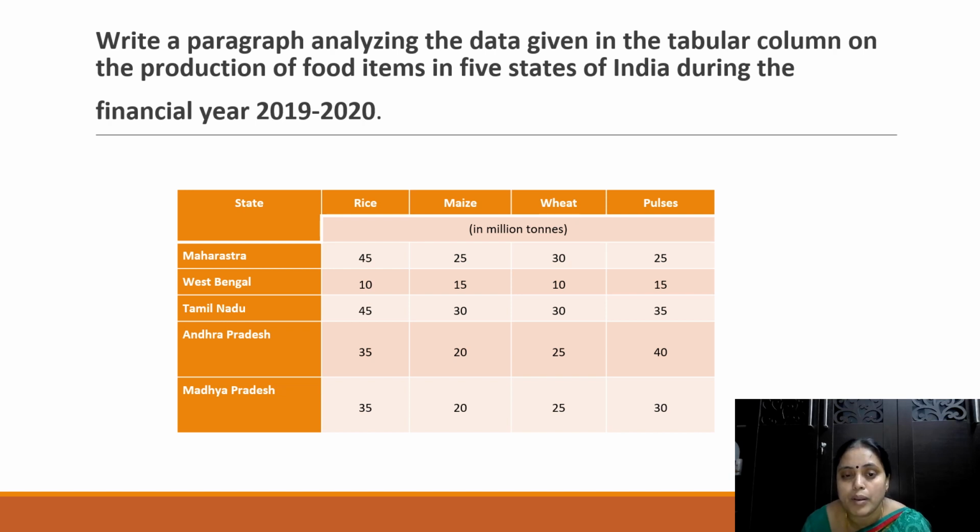This is an example of how to interpret a table. The data given in the tabular column is on the production of food items in 5 states of India during the financial year 2019-2020. They have highlighted Maharashtra, West Bengal, Tamil Nadu, Andhra Pradesh and Madhya Pradesh. You are supposed to observe the exact data given under rice, maize, wheat and pulses and then start interpreting.